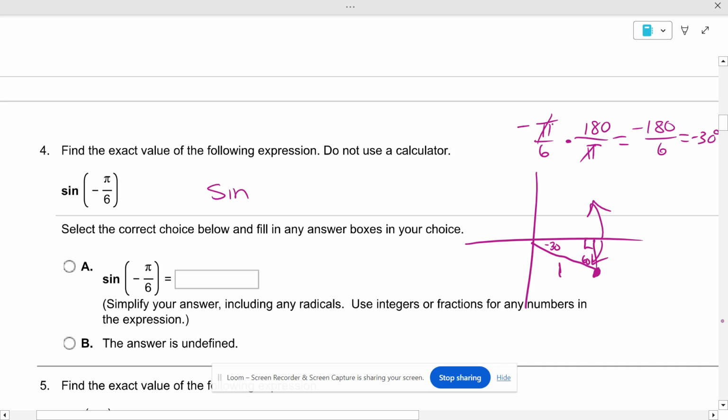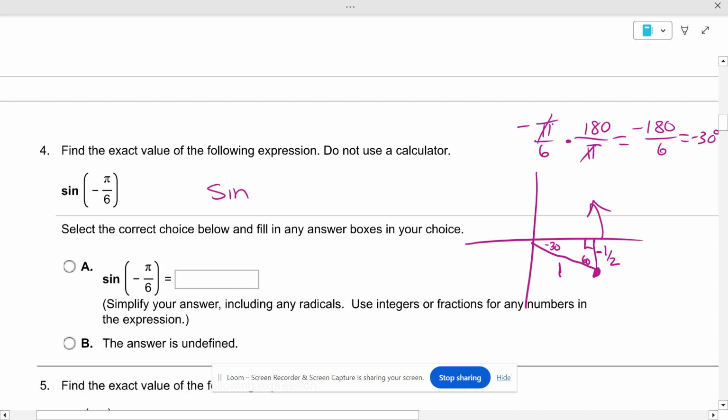So, the short side of a 30, 60, 90 is 1/2. And since we're going negative down, it's a -1/2. Because it's half, you take the hypotenuse and divide by 2.